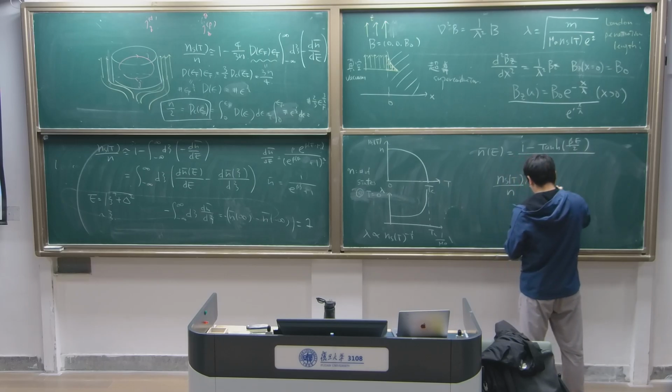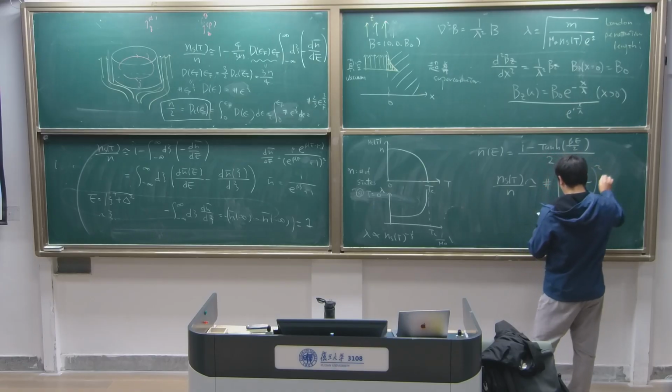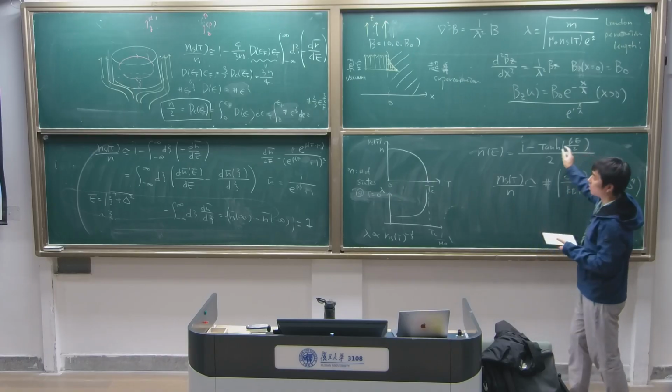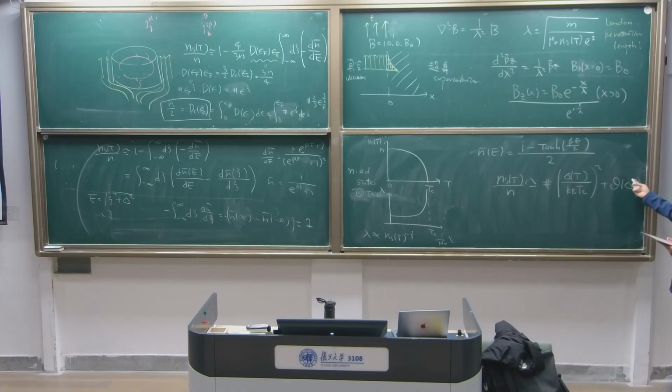Some function times delta T divided by k_B T_C squared plus delta. If you plug this one into here, and multiply the equation, you get the addition. Okay, so that's how we get it.